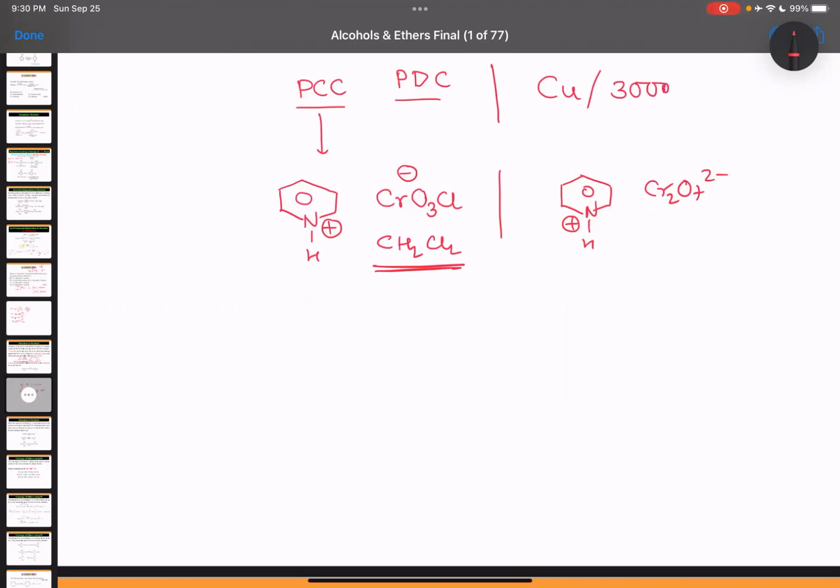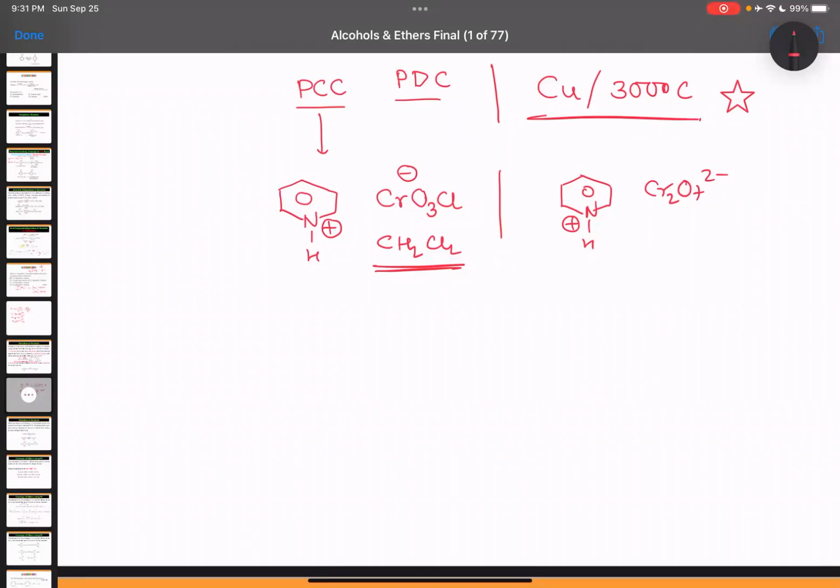This is the most common one. Very, very common. When an alcohol is passed through a copper red hot tube, it gets oxidized. So that's a very common mild oxidizing agent. Okay. Clear? So PCC, PDC, and 300-degree copper red hot tube.